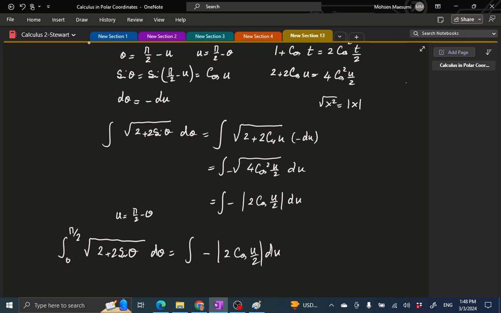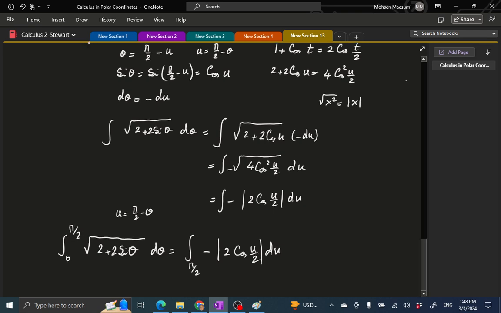So at this point it's going to become pi over 2, and at this point it's going to become 0. So this is going to be the length of the long piece.